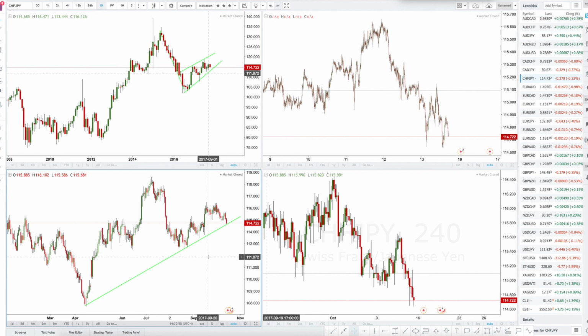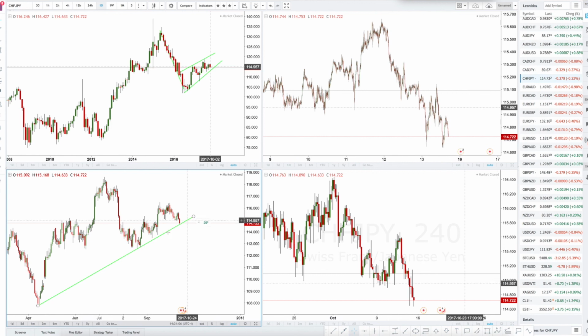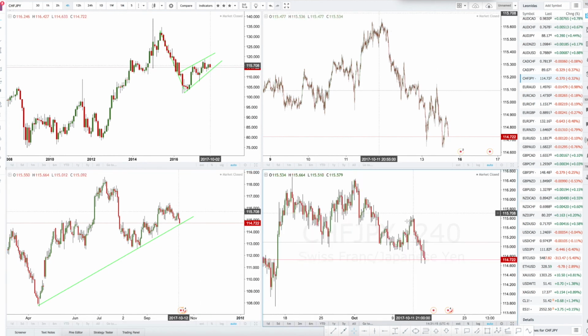So I don't want to short it yet. I'd rather see this trend line break and then pull back and find a way to short it there. But right now, because it's sitting right on it, it could easily bounce off of it.